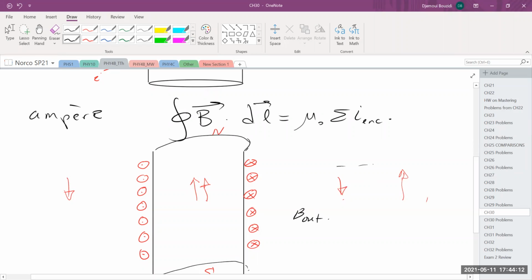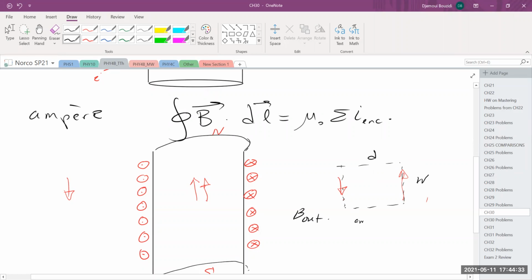So what I'm going to do in here, I'm going to take an Amperian loop that looks like this. An Amperian loop of width W and of depth D, okay? Where W and D are arbitrary. I chose them, okay? They're not really part of the problem.